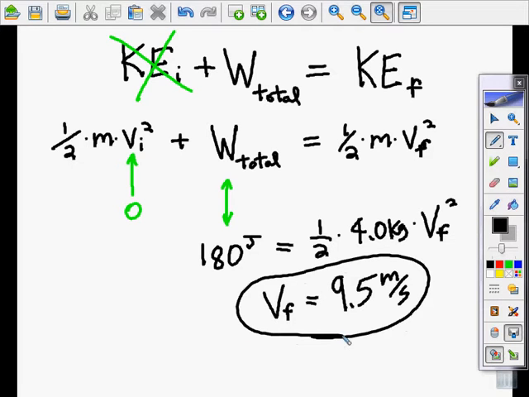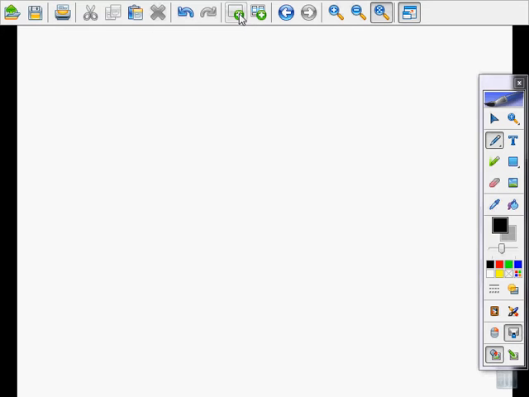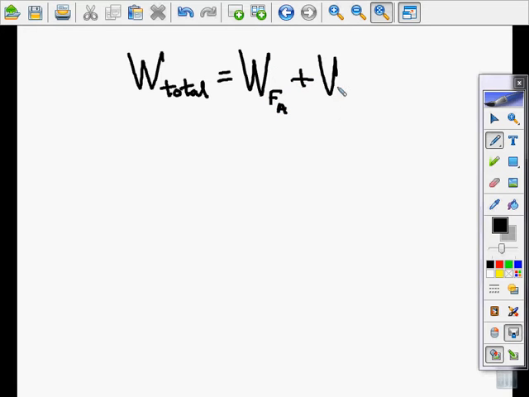Now this way seems so much easier, but remember, we did a lot of work the other day when we calculated the total work. Recall that the total work was equal to the work done by the applied force plus the work done by the normal force plus the work done by the force due to gravity.